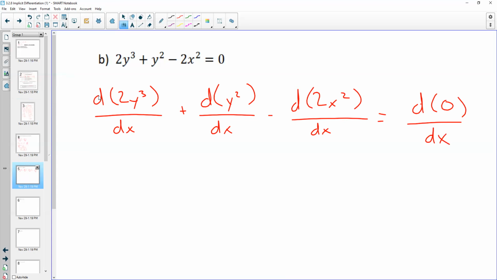The derivative of 2y cubed will be 6y squared multiplied by y prime, plus 2y multiplied by y prime, minus 4x is equal to 0. Remember, when we differentiate x, we do not have to say we derived x with respect to x. We can just leave that out. And the derivative of a constant is just 0.